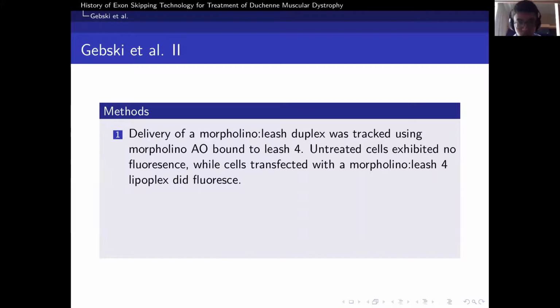Okay. So how did Gebski measure this efficiency? Firstly, he tracked the delivery of this morpholino AO bound to leash 4, and if there was fluorescence exhibited in the culture, then we could say that it was delivered.